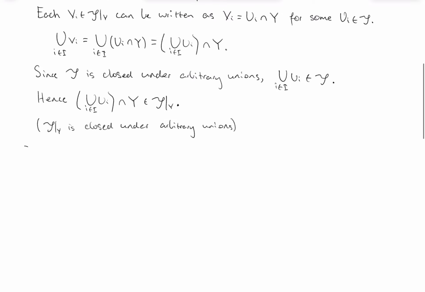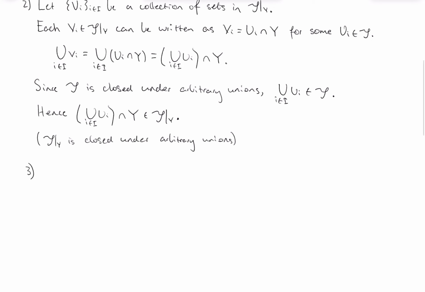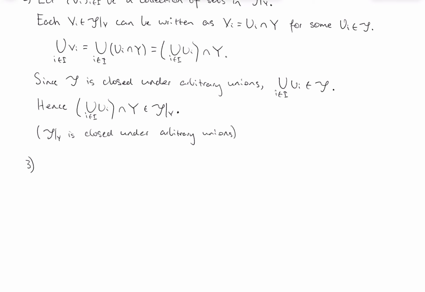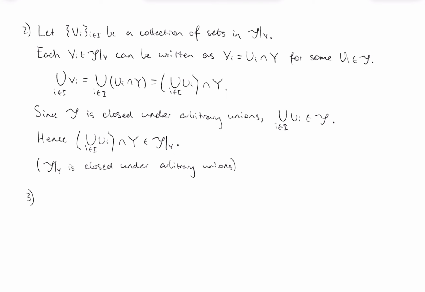And the third and final part is closure. We want the subspace topology to be closed under finite intersections. So again, we're going to take a collection of sets in the subspace topology, but there's going to be a finite amount of them.